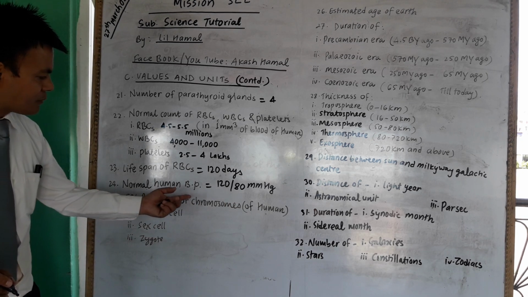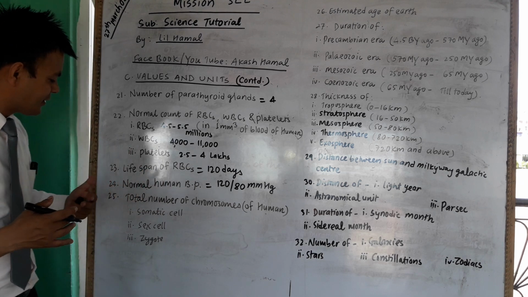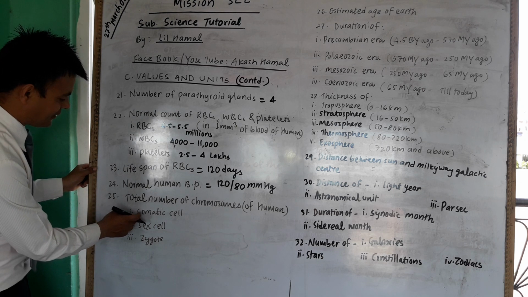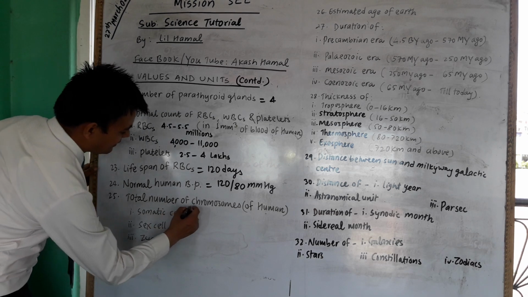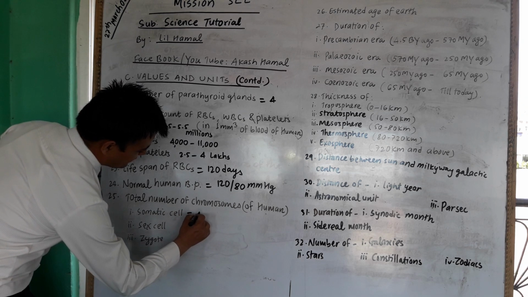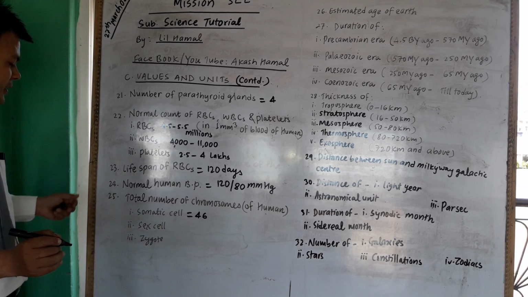Similarly, the total number of chromosomes in human beings is given. For example, in a somatic cell, the total number of chromosomes in a human being is 46, or you can write 23 pairs.